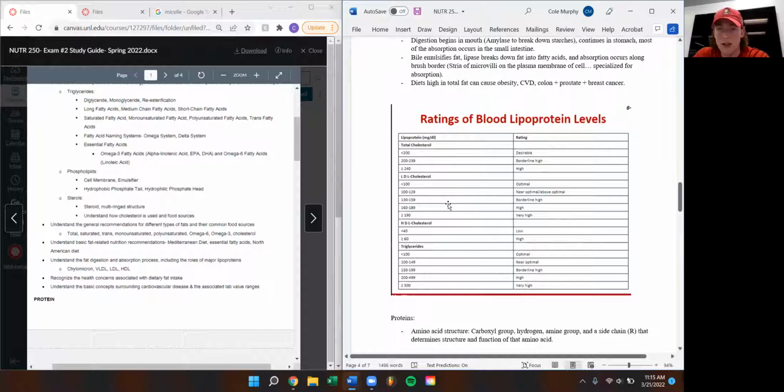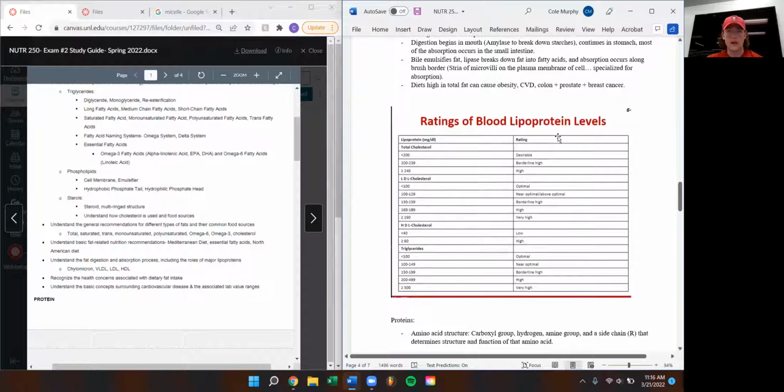And then LDL, anything above 100, or I guess 130, is going to be considered high. And then HDL is a little bit lower, just not that much in your body. It's going to be anything higher than 40. And then triglycerides, anything above about 150 is going to be considered high. So knowing this chart is going to be helpful too.